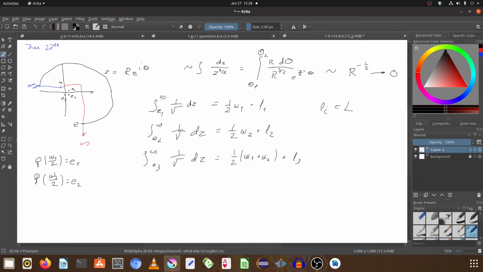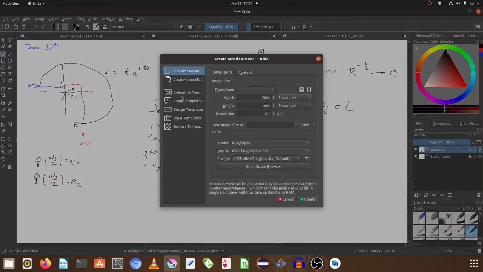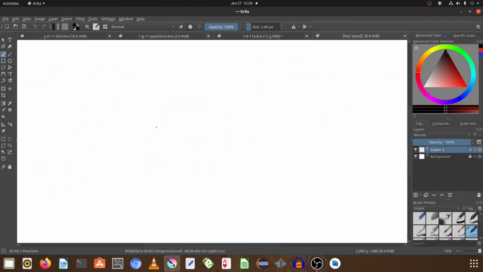If we, I can't show it on this graph, we'll just make a new one. This is the line from E1 to E2, straight line.